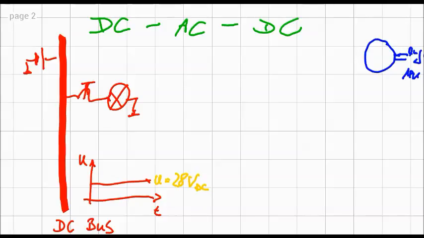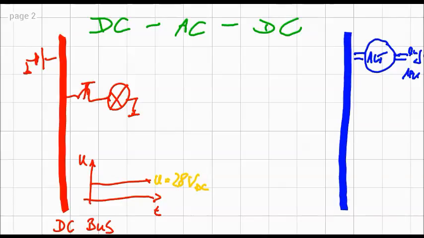It can be anything. So, this engine turns a device which we want to call the alternator. And the alternator delivers another form of electricity which we call AC, alternating current. And we feed an AC bus.